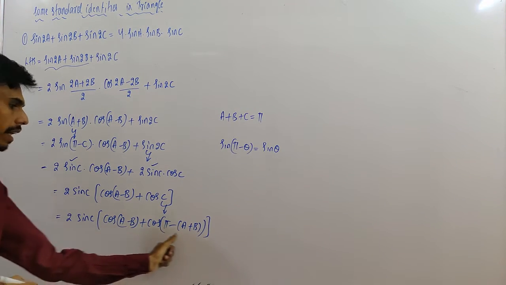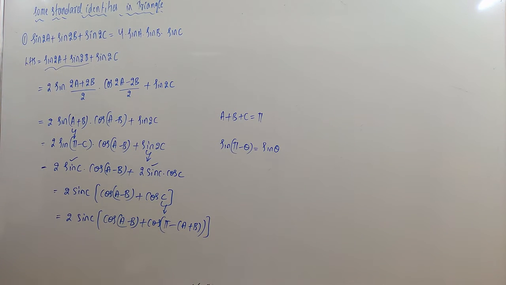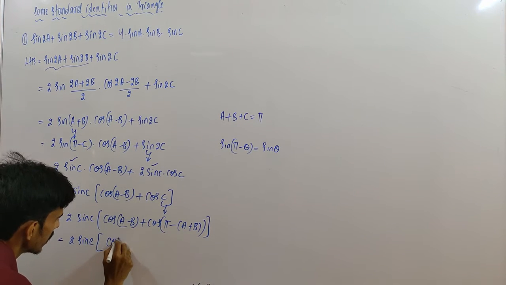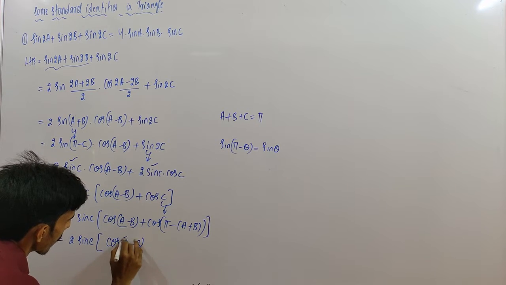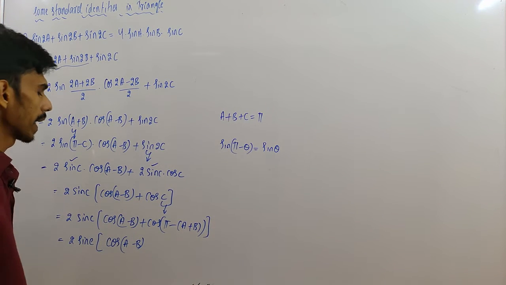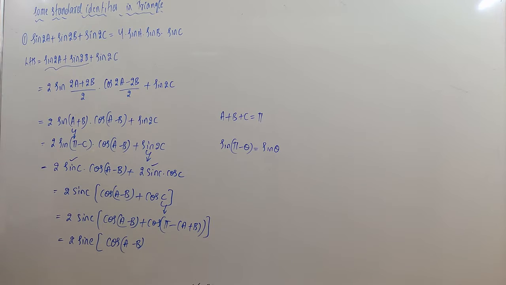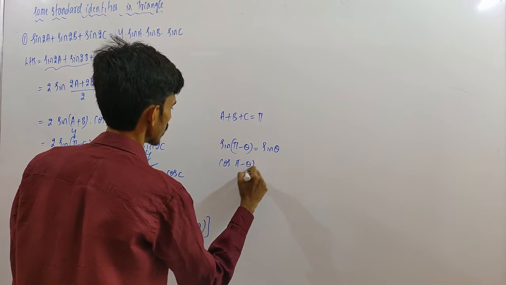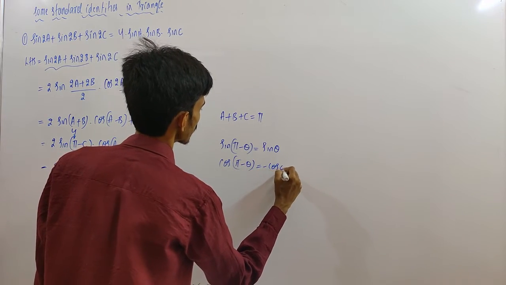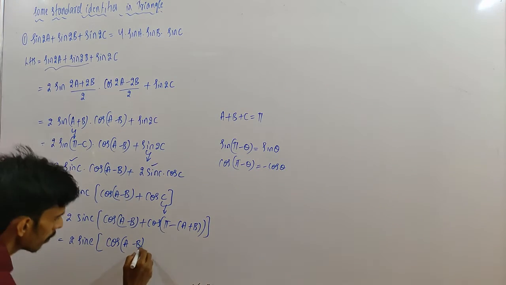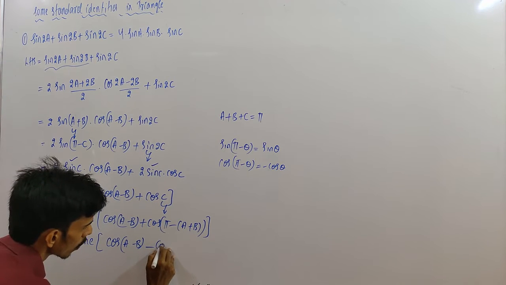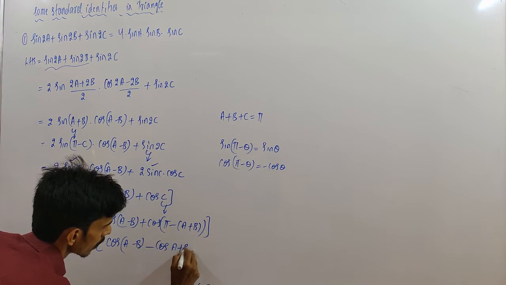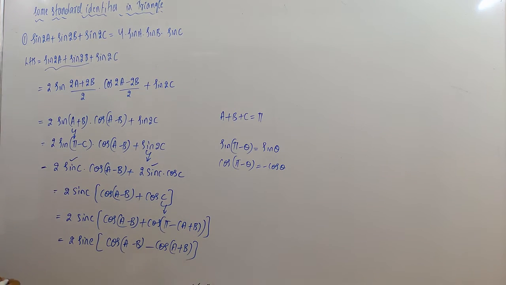Now we have a relation in A and B. Similar terms are there. So that equals 2 into sin C, now cos (A minus B) as it is, plus cos (pi minus (A plus B)). Cos (pi minus theta) is minus cos theta. So it will become minus cos (A plus B).